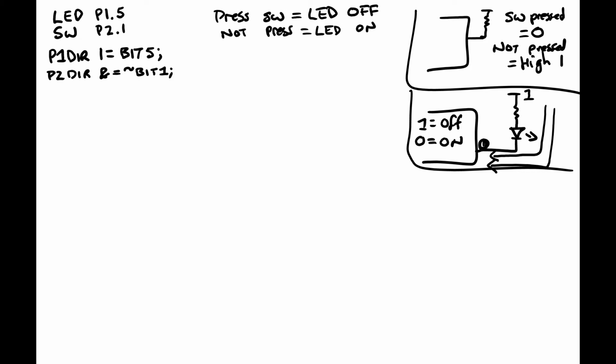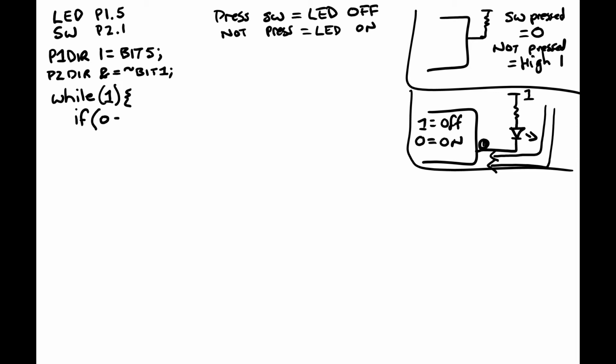So we'll loop forever and just do the same check over and over. So while 1 equals 1 essentially, that's all the time. We'll have an if statement.